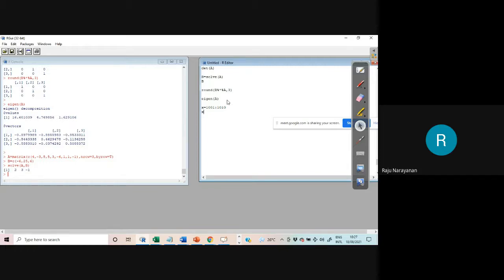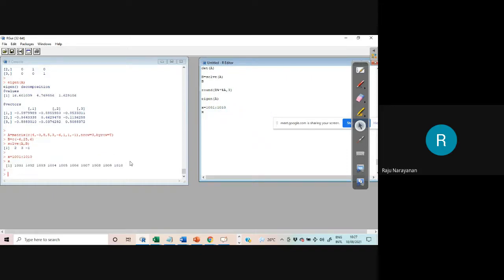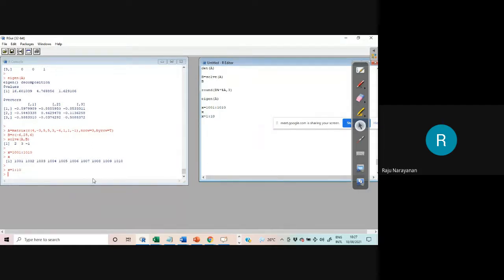When you type x, it will accept all the values from 1001 to 1010. It can be like this also, 1 to 10. No problem. Employee IDs, students' IDs, all those things come in orders.